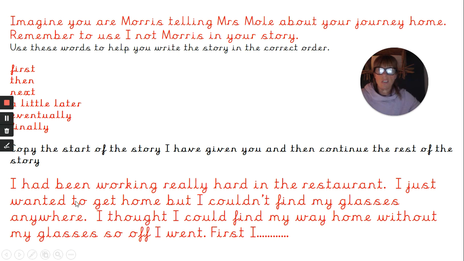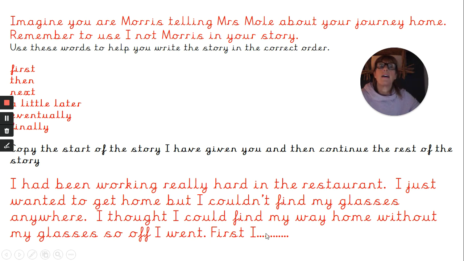And I've given you the start. I had been working really hard. So there's the I, because I am Morris. I had been working really hard in the restaurant. I just wanted to get home, but I couldn't find my glasses anywhere. I thought I could find my way home without my glasses, so off I went.